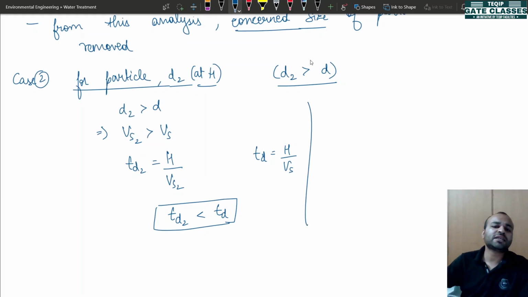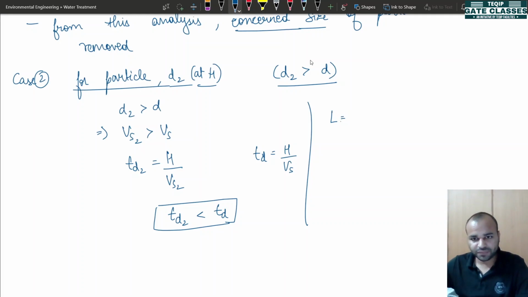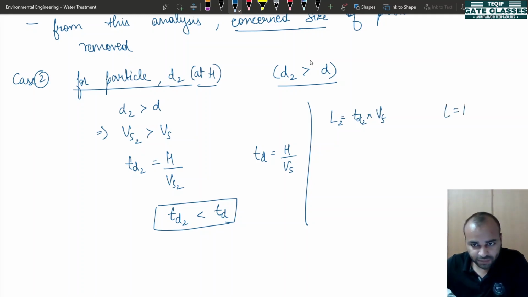And if we talk in comparison for length, then L2 will be given by td2 times vf, and L will be given by td times vf.